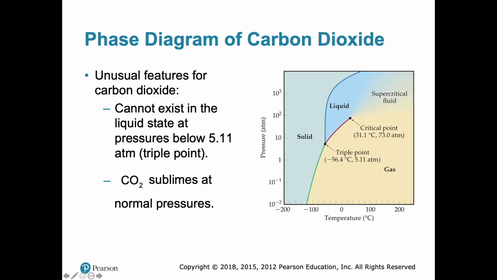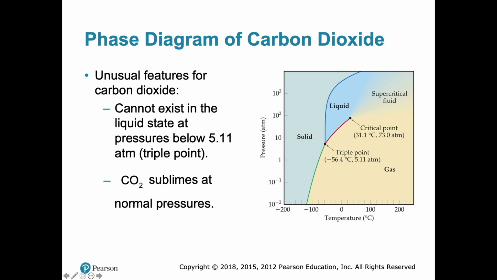Okay. Here's carbon dioxide. Same thing I was talking about before, right? Look at this. Solid carbon dioxide can go from solid to gas right here at normal pressure too. See, here's normal pressure, 1 atm. What is the line?